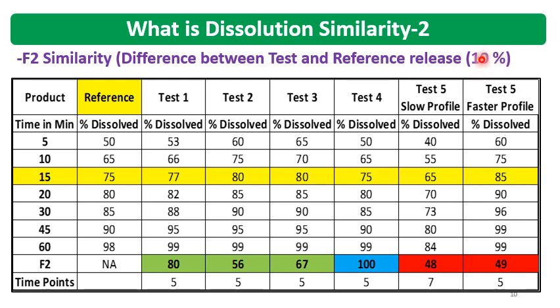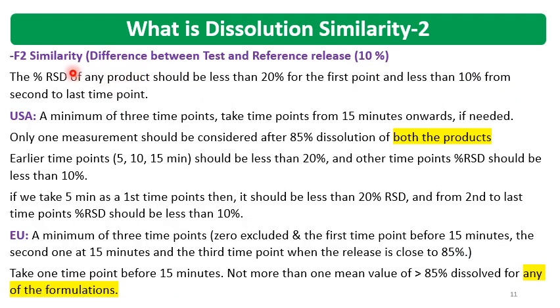Then only you can get the F2 value between 50 and 100. So F2 similarity is the important criteria for showing the dissolution similarity. The percent RSD of the product should be less than 20% for the first time point and less than 10% from the second to the last time point.